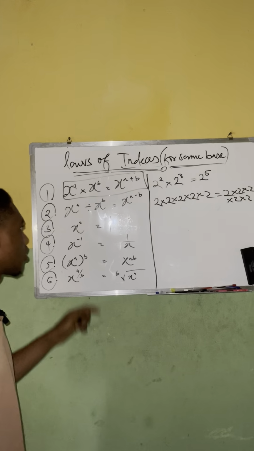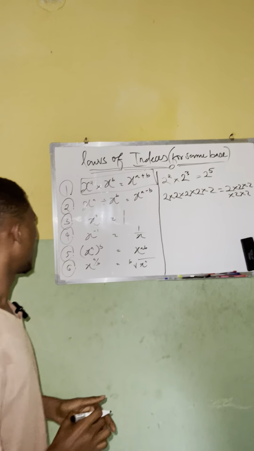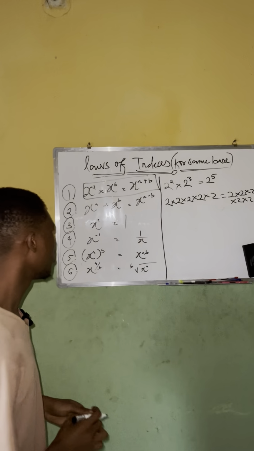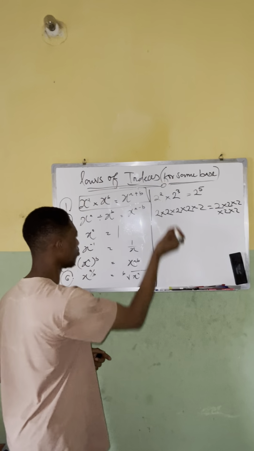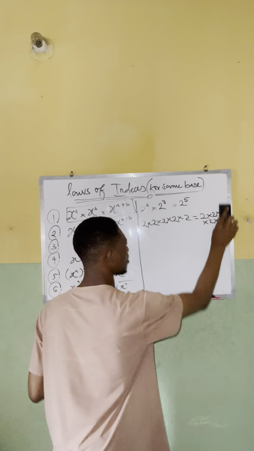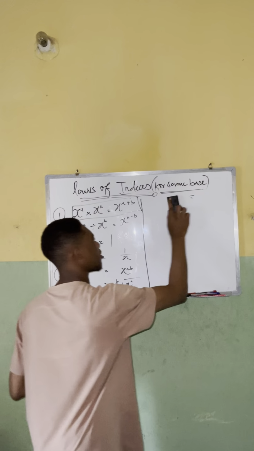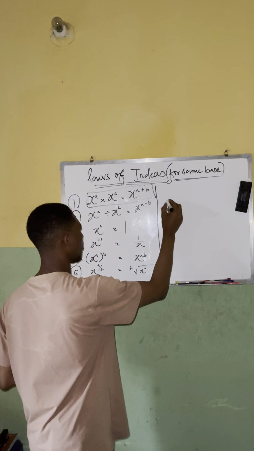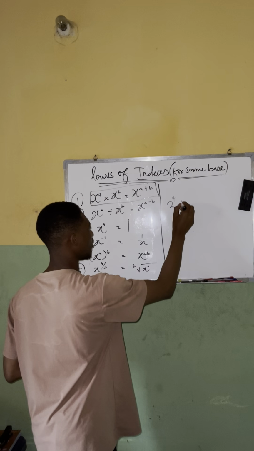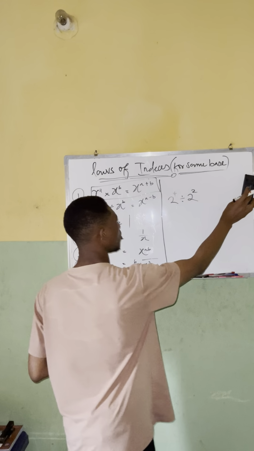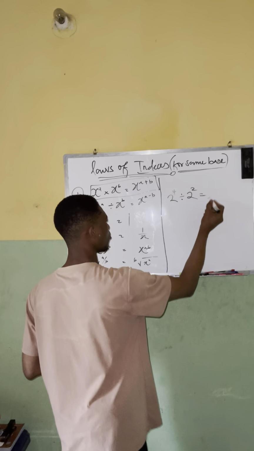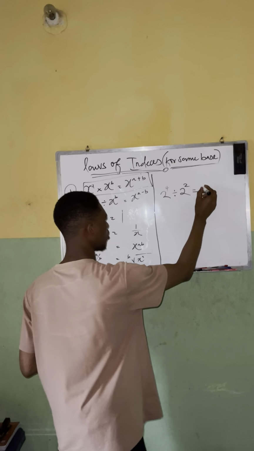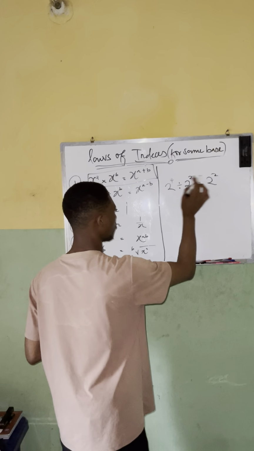So quickly we go to the second one, that's the division rule. The same way, let's say we use 2 again. 2 power 4 divided by 2 power 2 is equal to, the law is telling us, 2 power 2, because you do 4 minus 2.